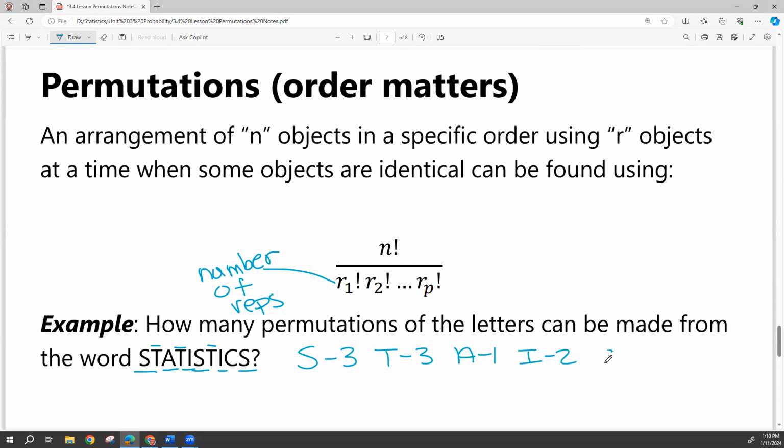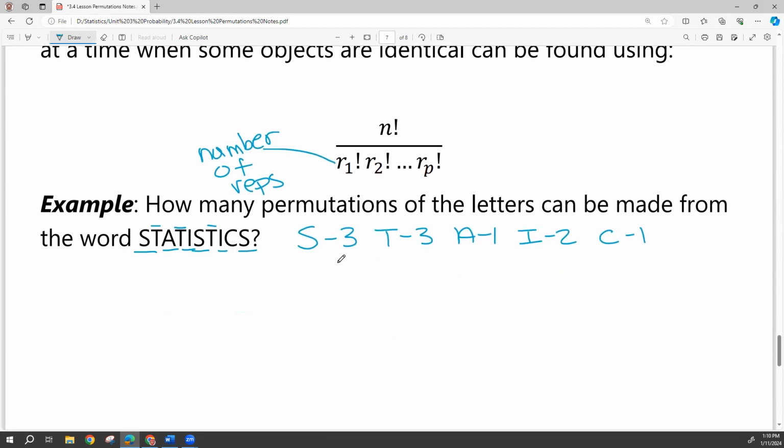And then we have 1 C. These r's should add up to the total number of objects that we have, which is n. So we have 10 letters. We have some repeated, 3 S's, 3 T's, 2 I's, and then A and C are unique. They're the only ones.